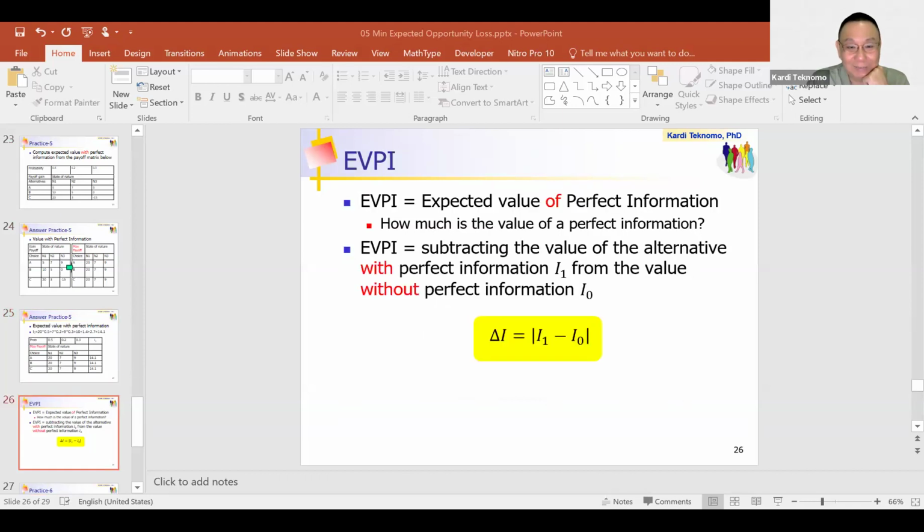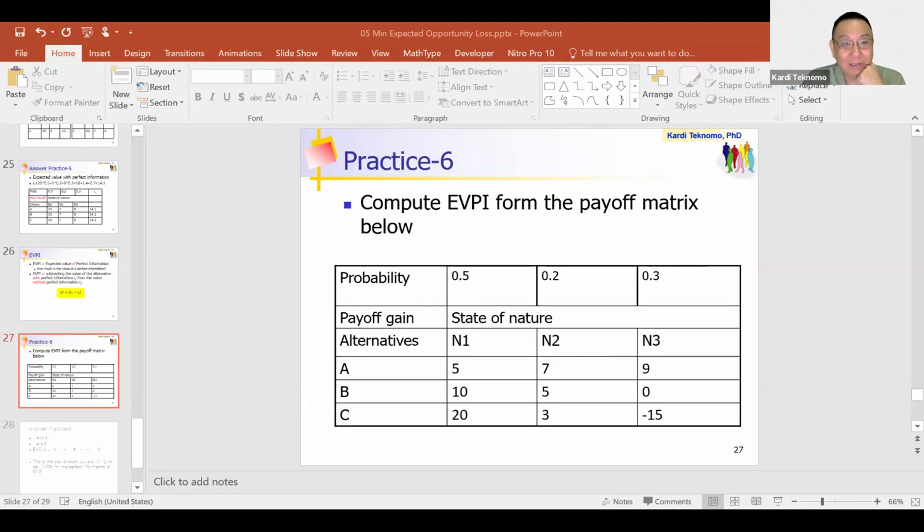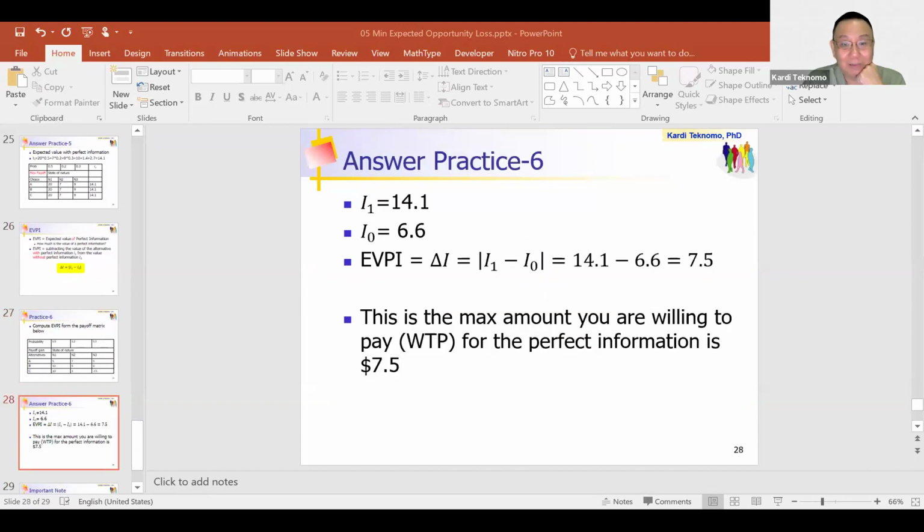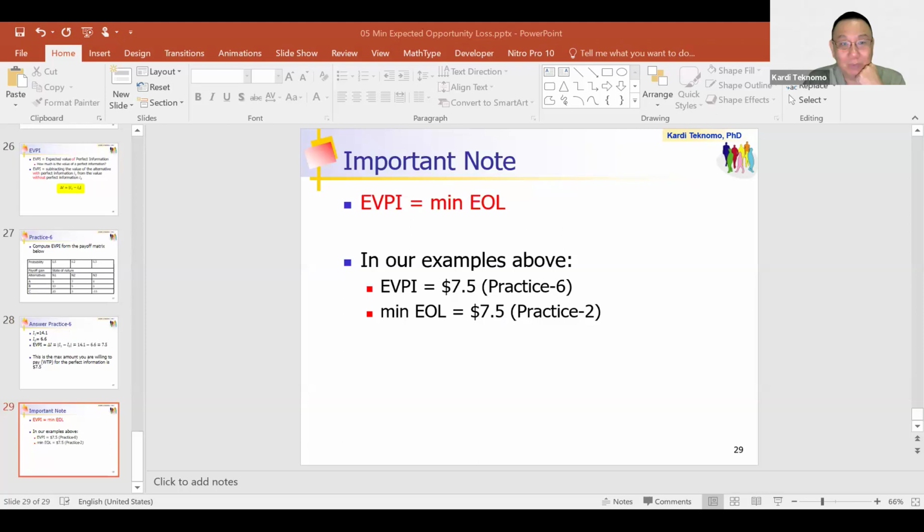So that means the EVPI is exactly the same as the minimum EOL. You can try to practice computing the EVPI and then check whether it is exactly the same as the minimum EOL.